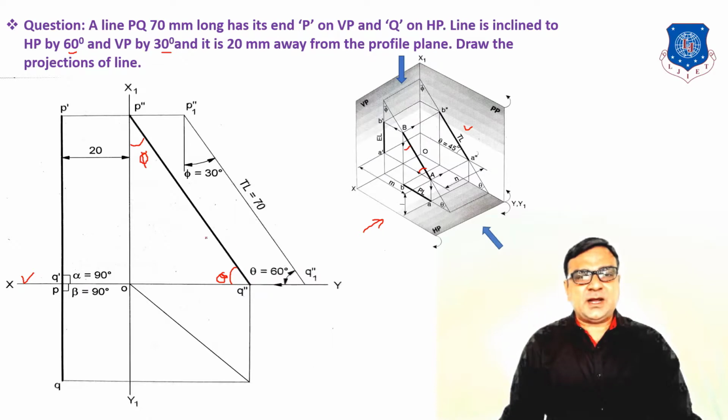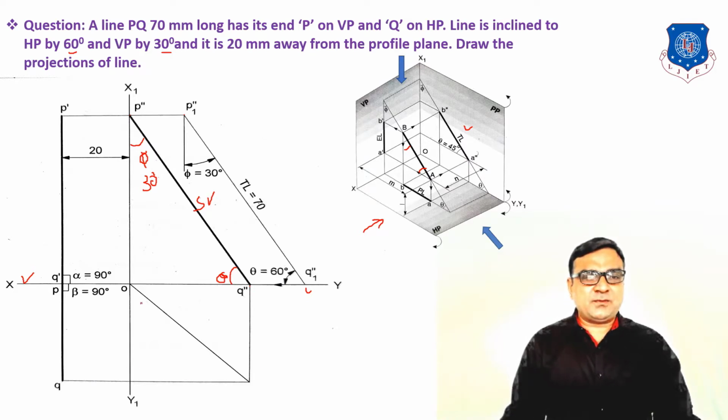So we use the trial and error method, or you can start from a side view from one imaginary point Q1 double dash, true length, 60 degrees. So this is one temporary line. Now from this end point you have to draw one horizontal line up to the X1 Y1 line. So P double dash. Now from P double dash, phi 30 degrees, draw one line, or draw a parallel to this one, and draw the line up to XY. So this is our final side view on the profile plane.